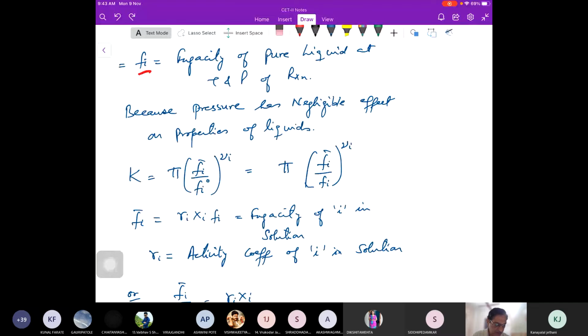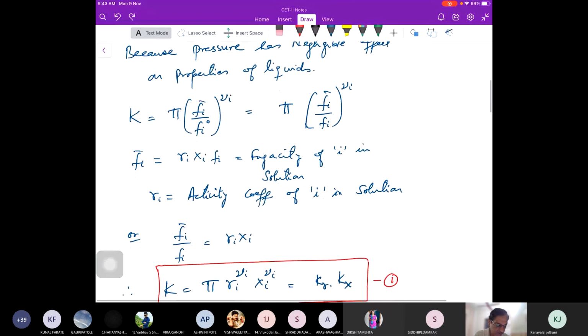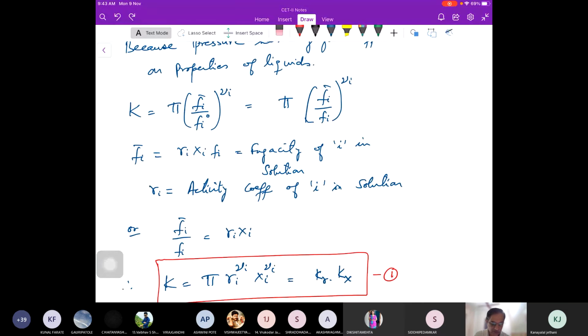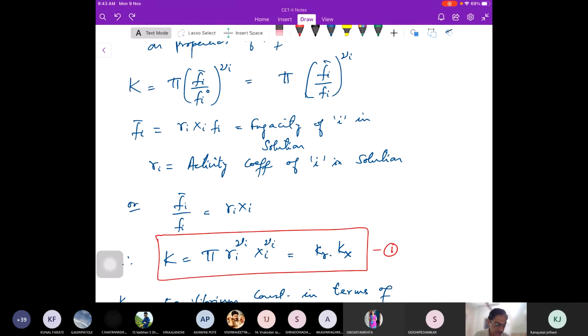K is equal to f_i bar by f_i0 raised to the power of nu_i, which will be equal to f_i bar by f_i raised to the power of nu_i. And we have defined f_i bar as nothing but gamma_i into x_i into f_i, where f_i bar is fugacity of i in solution, and gamma_i is the activity coefficient of i in solution.